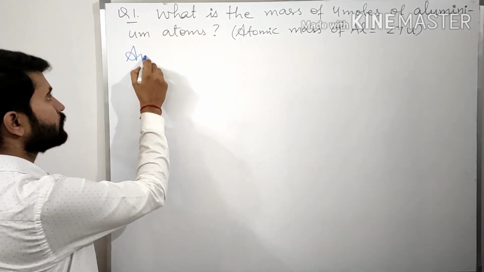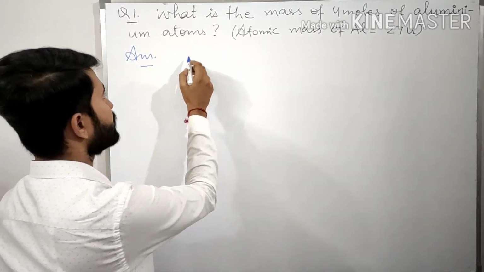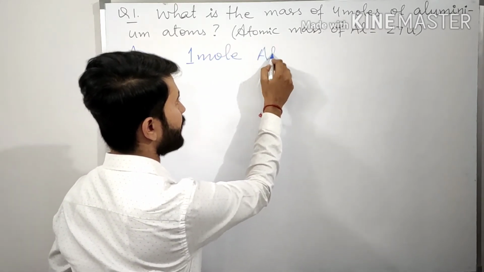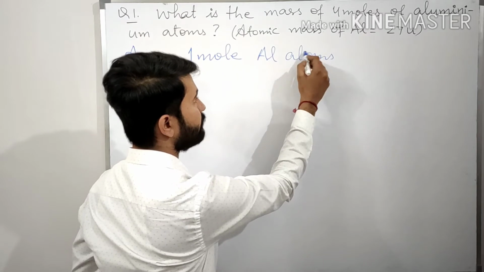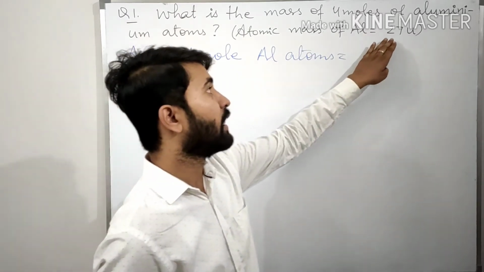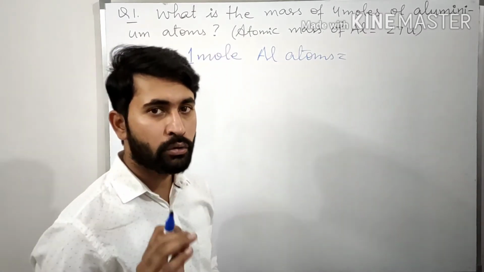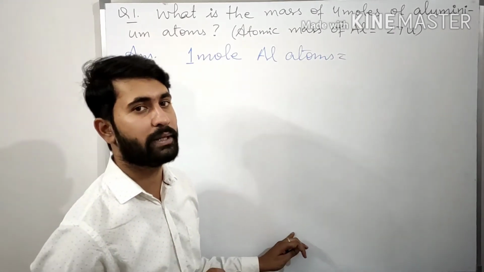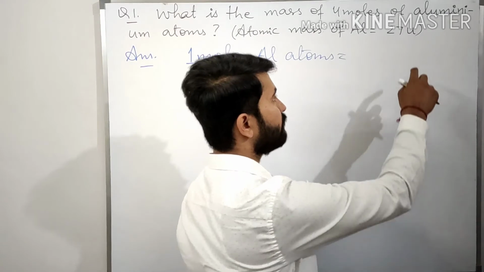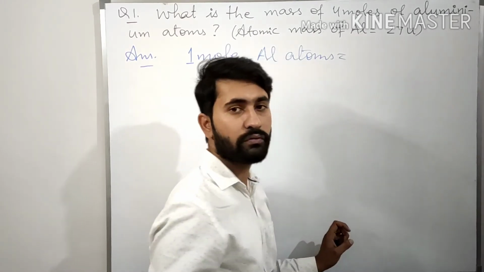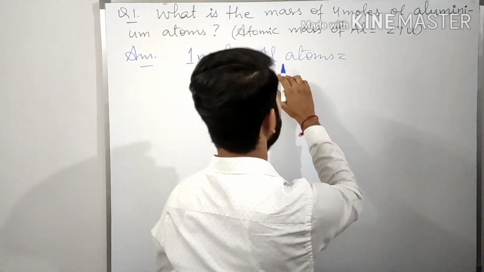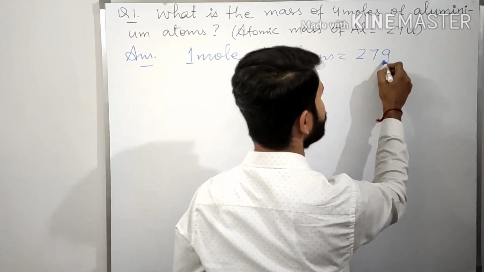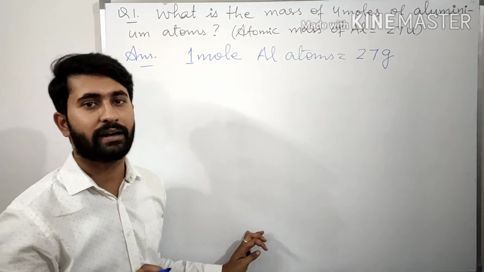So, for knowing the mass of 1 mole of aluminium atoms, we will convert this atomic mass into gram atomic mass. For converting it into gram atomic mass, what we will do? We will replace this U with G. So 1 mole of aluminium atoms will have a mass equal to 27 gram.